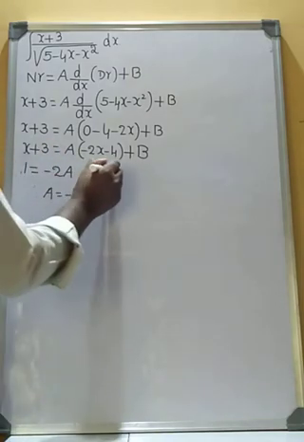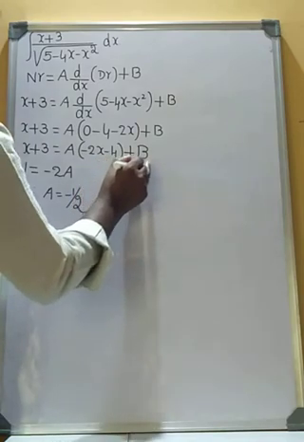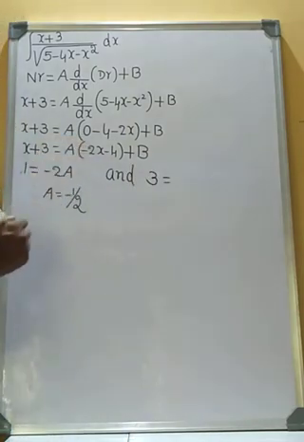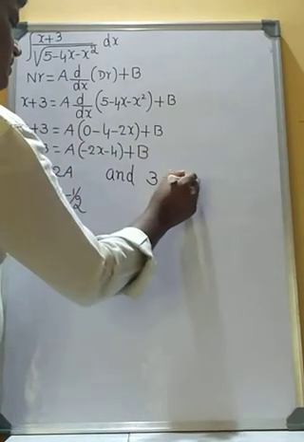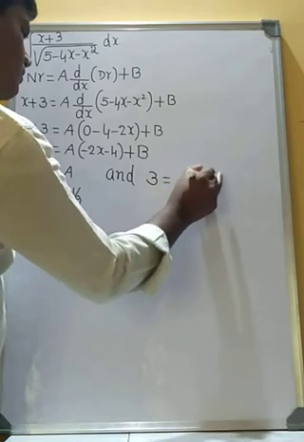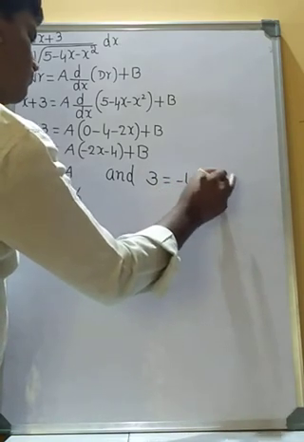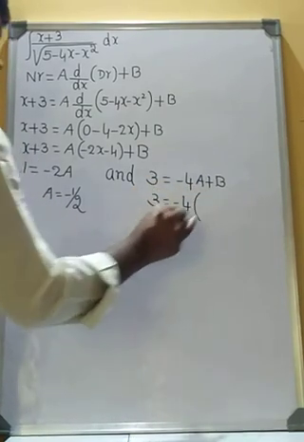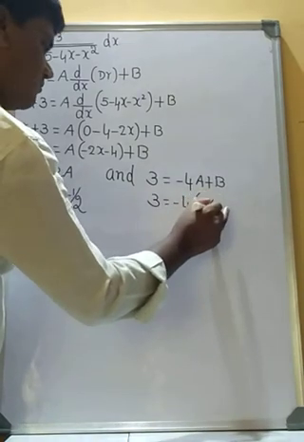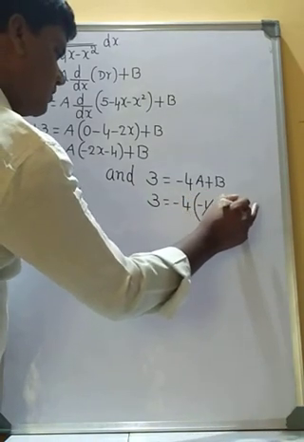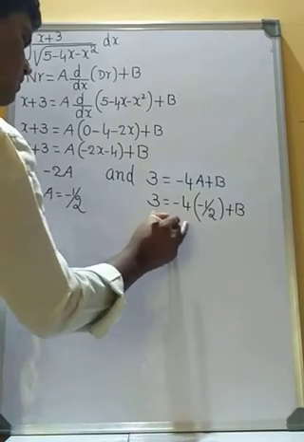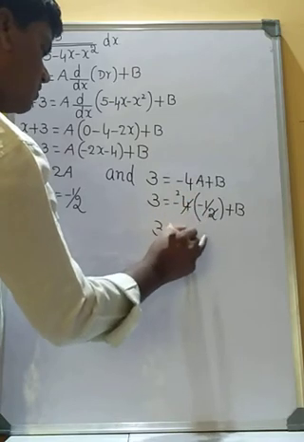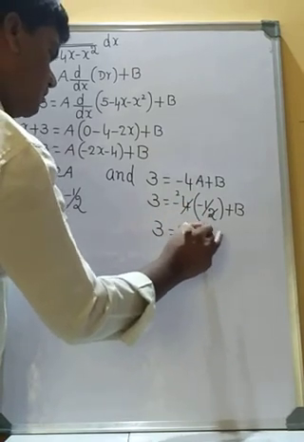The next, constant terms: left hand side constant is 3 and right hand side is minus 4 into a plus b, equals minus 4 into minus 1 by 2, plus b, that is 2 plus b.